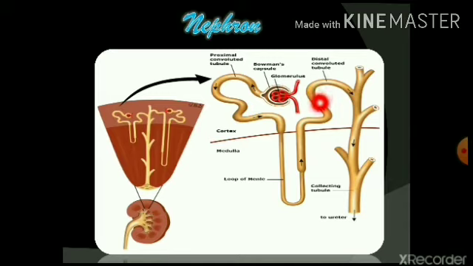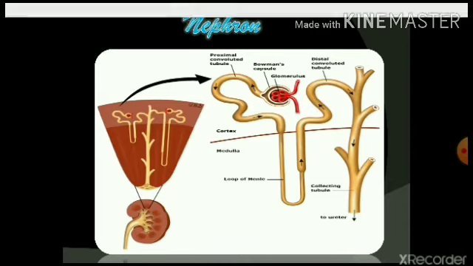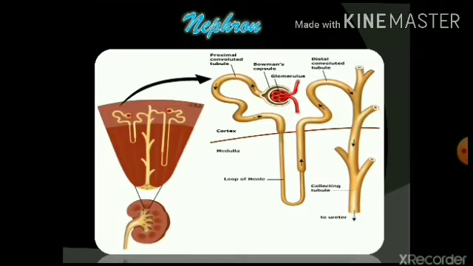the Bowman's capsule. Now once the blood has been filtered from the glomerulus, the glomerular filtrate will be passed through these tubules, and while passing through these tubules, water and other substances which are useful for the body will be reabsorbed, and finally the fluid that is left with only the substances which are either extra in the body, excess in the body, or are poisonous to the body, along with proper dilution levels, will be passed on to the collecting duct.